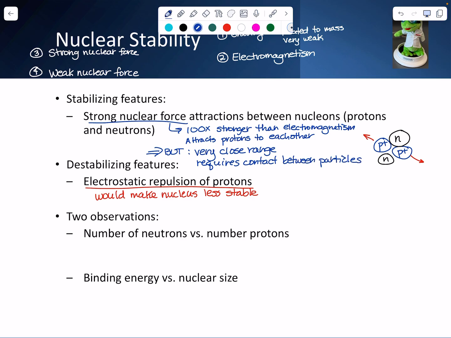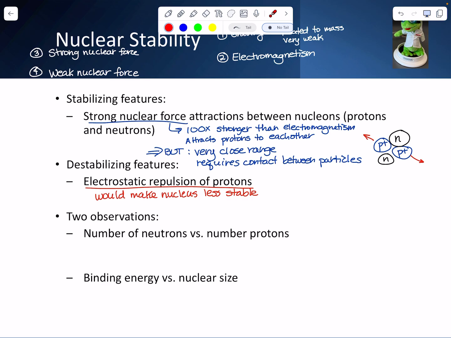If you had more protons, would that mess things up? There's a figure in your textbook, and I have it in the slides. It's all a balance between how many protons and how many neutrons you have. Neutrons are going to get in the way of protons having contact with one another, so the more neutrons you add to your nucleus, the less stable it gets.